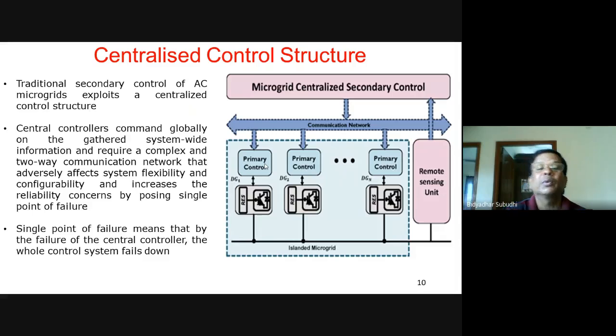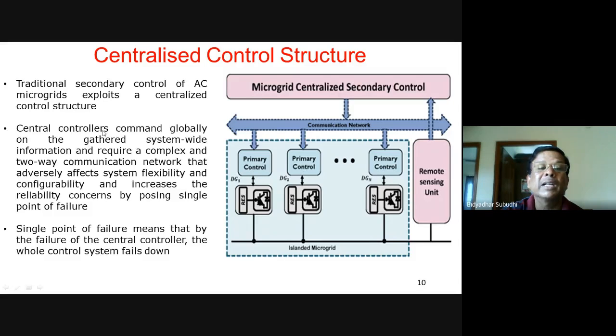If you look at the centralized control, traditionally all these AC microgrids exploit centralized control structures. As I mentioned earlier, in the centralized control, the individual distributed generating sources, like DG1 to DGN, are connected to individual primary controllers, and then all of them are connected to a main controller. Secondary, this is a centralized control.